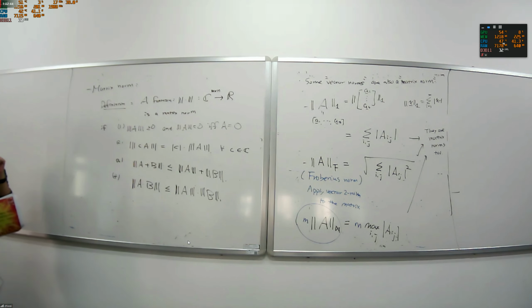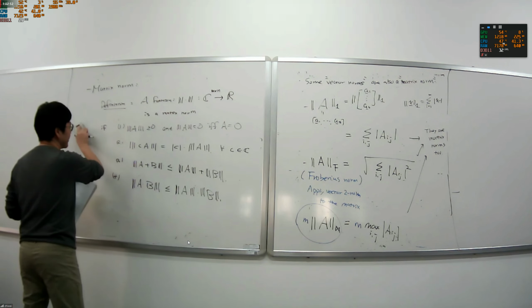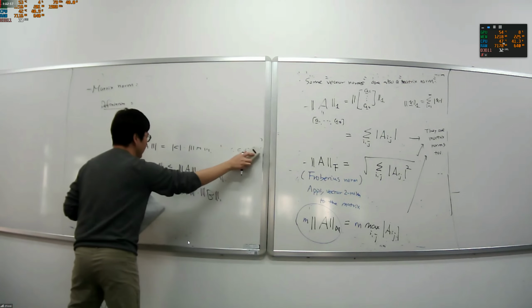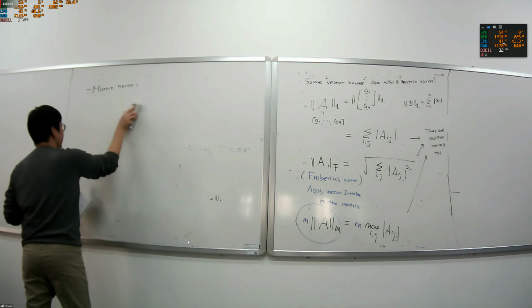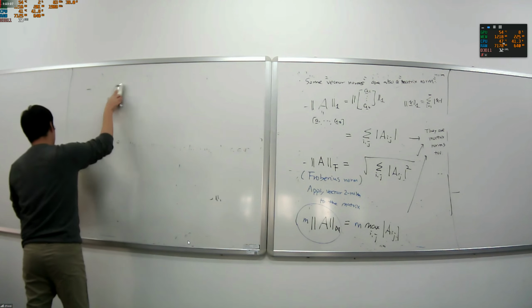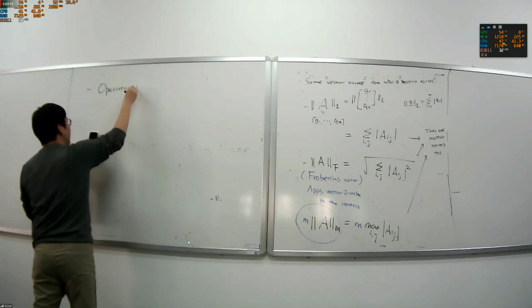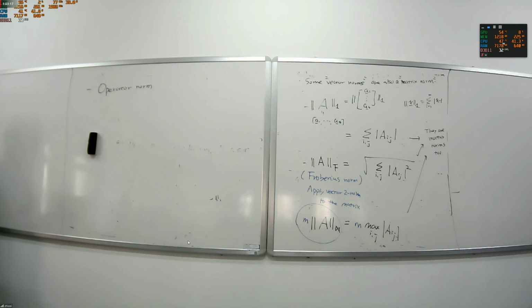Then there's a very important class of matrix norms called the operator norm. It's a very important class of matrix norm. So what is the operator norm?